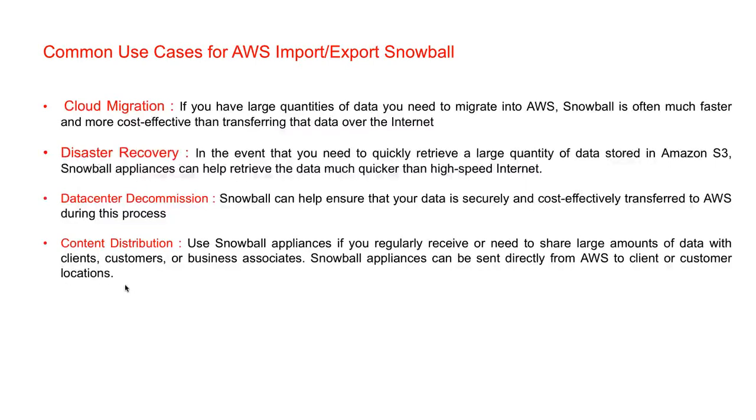So if you want to distribute large quantities of content to your clients, then you can have the AWS export the data from the S3 to the Snowball appliances and ship the Snowball appliances to any one of your clients. So you can share large quantities of data with your clients through these Snowball appliances. You can distribute your entire content.